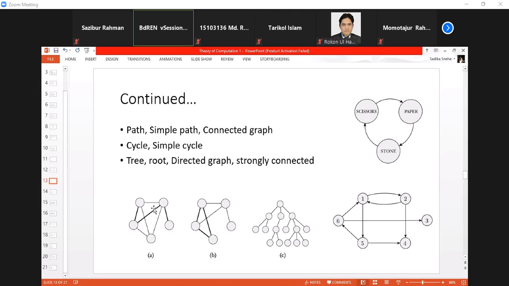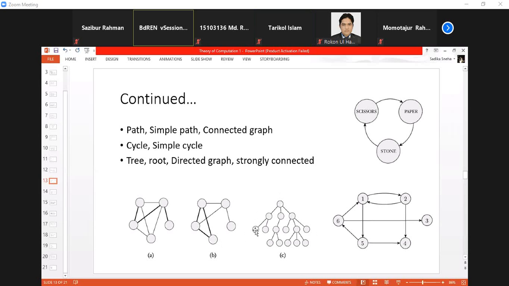The other graphs can have some cycle in them, but a tree does not have any cycle. Even if you try very hard, you cannot find any cycle, because the starting and ending node cannot be the same; that makes a cycle.